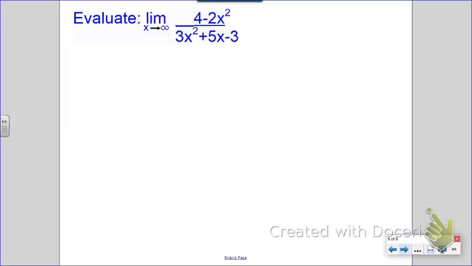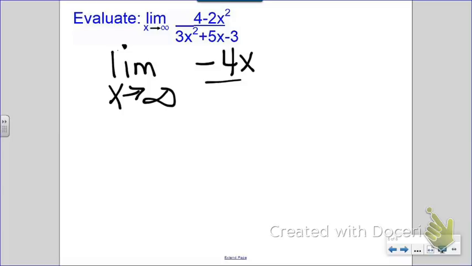On the next one, these are classic ones for which we learned the rules of infinity on polynomial functions. If we solve this, we'd have the limit as x approaches infinity. The derivative of negative 4 minus 2x squared would be negative 4x. The derivative of the denominator would be 6x plus 5. Here's where you can see why the rules of infinity work the way they do.